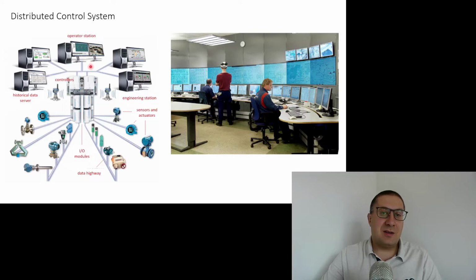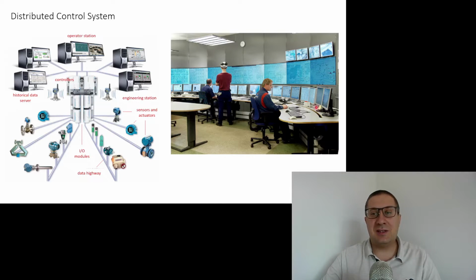But if for some reason the pressure is still too high, or the operator is not happy with this pressure, he can switch to manual mode and change the opening level of this valve manually. Well, not manually, so he doesn't have to go there and do this by his hands.